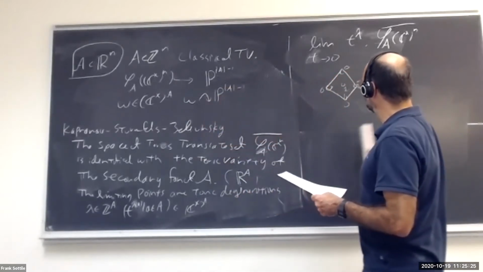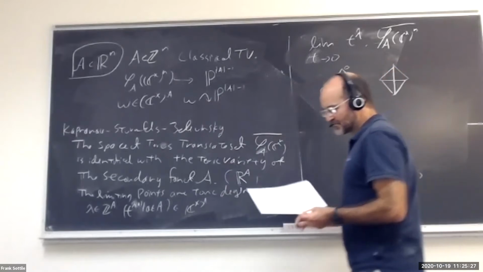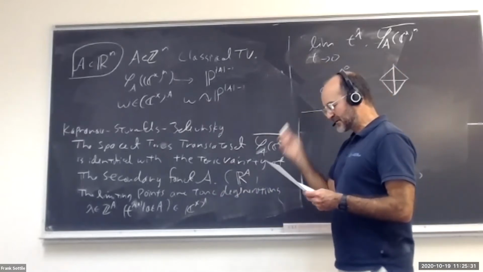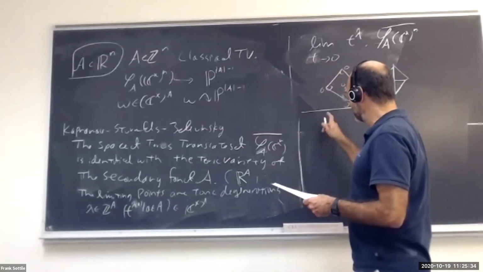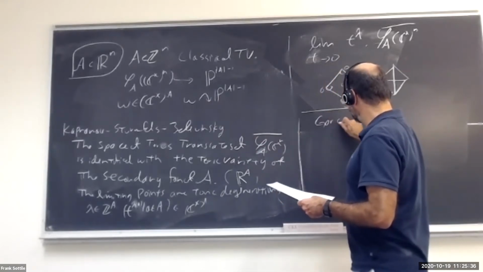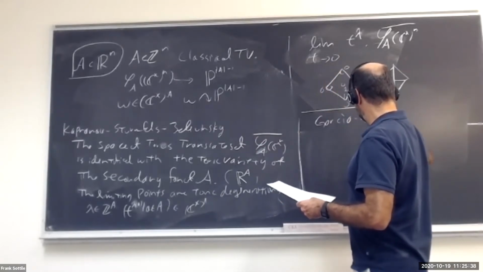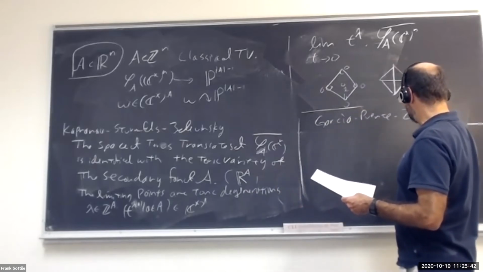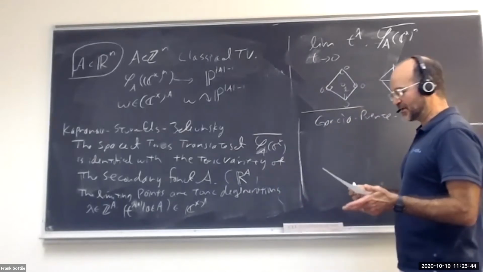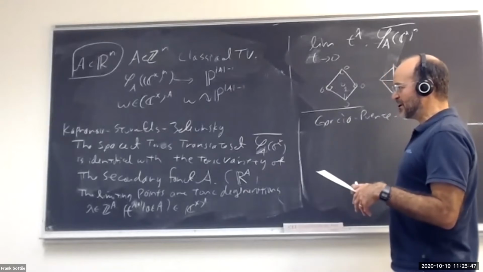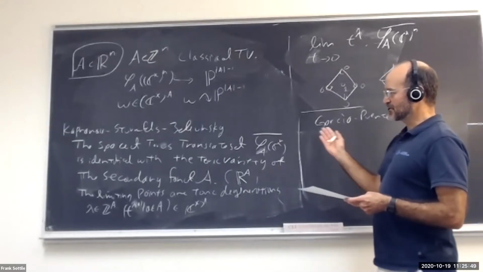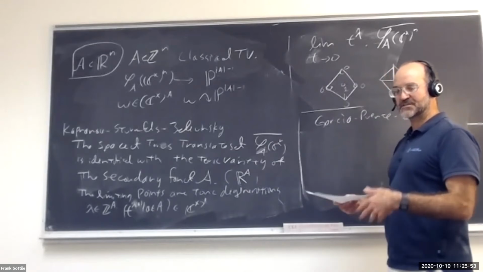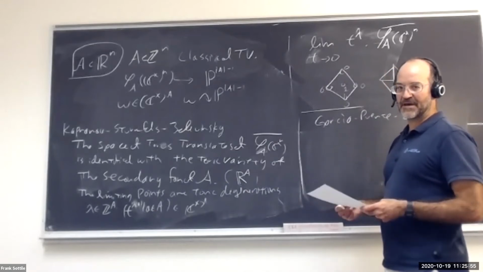About a decade ago, with Garcia Puente, who was a student at UNAM, and Zhu, who's a geometric modeler in China, we wrote a paper explaining what the Kapranov, Sturmfels, Zelevinsky result tells us about classical toric patches like Bezier patches.